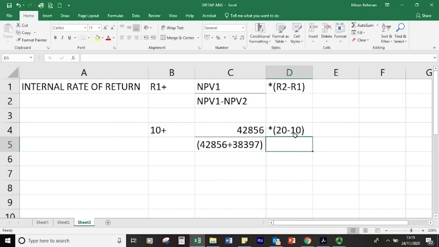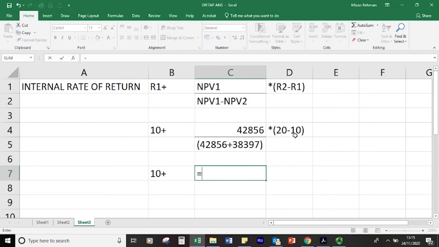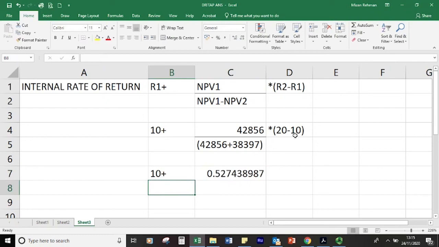So now let's solve this formula. 10 plus, let's not touch this right now, and let's touch the middle bit first. So put the formula: 42856 divided by brackets 42856 plus 38397, brackets close, press enter, and you get a value for this amount.